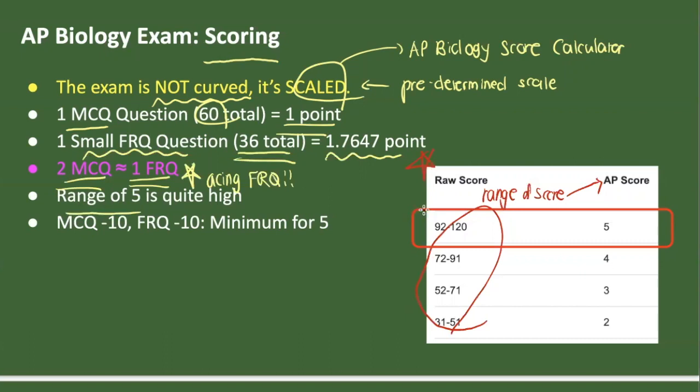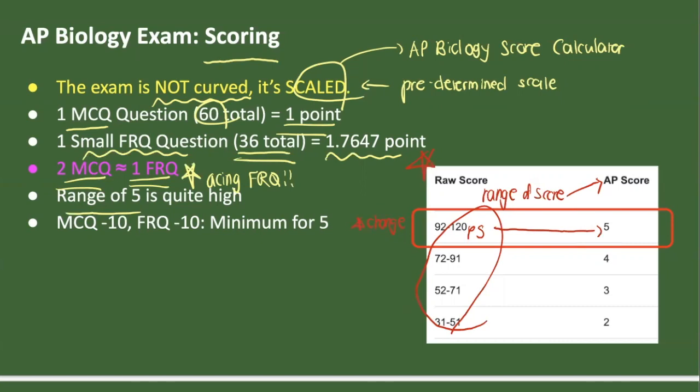You'll see that from 92 to 120, where 120 is the perfect score, that range of scores results generally in a 5. But just take into consideration that this changes every year based on the relative difficulty of the exam, right?